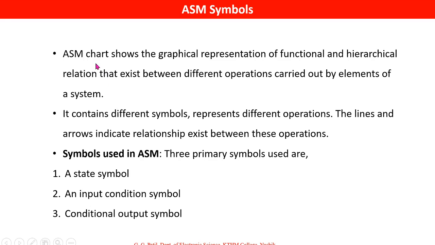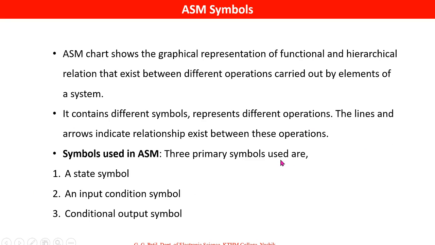The ASM chart shows the graphical representation of a functional and hierarchical relation that exists between different operations carried out by elements of a system. It contains different symbols that represent different operations.